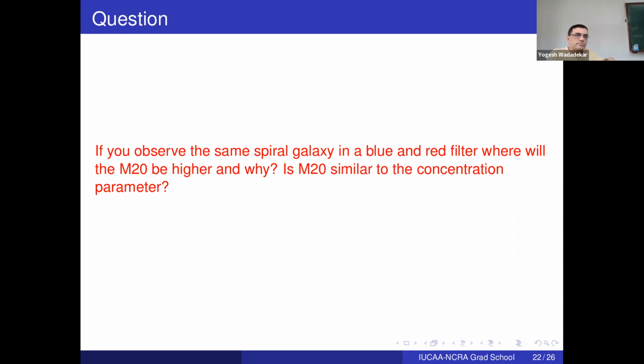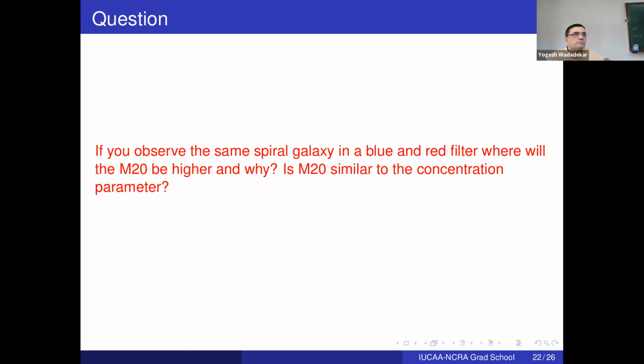Is M20 similar to the concentration parameter? Yes, in some sense, because you're seeing how concentrated. If the light is very concentrated, then the M20 value is lower, as opposed to the light being less concentrated, like a spiral galaxy, the spiral arms, bright spiral arms.